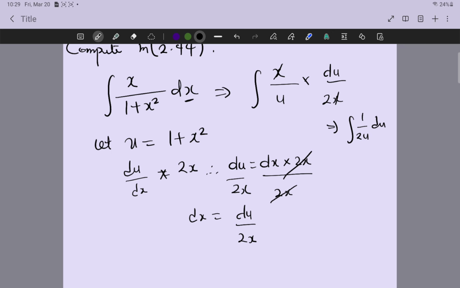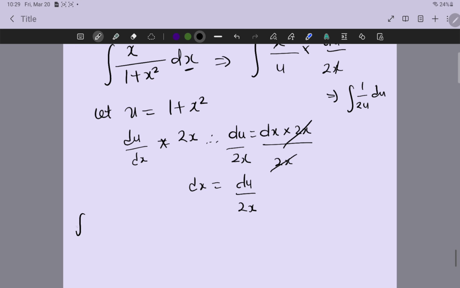Okay, so now if we have an integral of 1 over 2u du, this is equal to 1 over 2 ln u, because if you say integral of 1 over u, the answer is ln u.